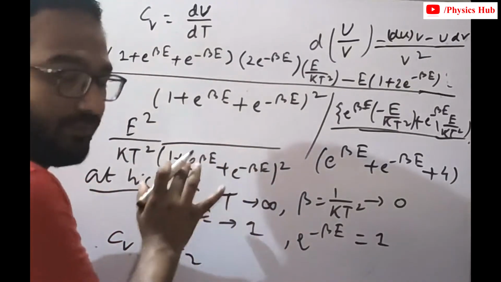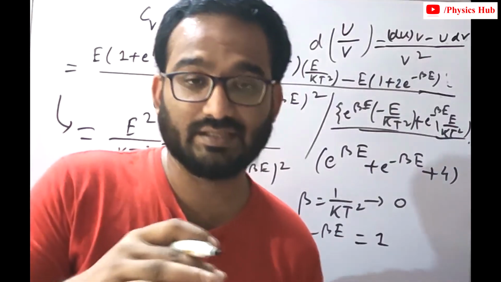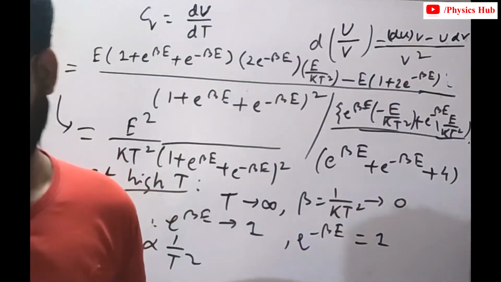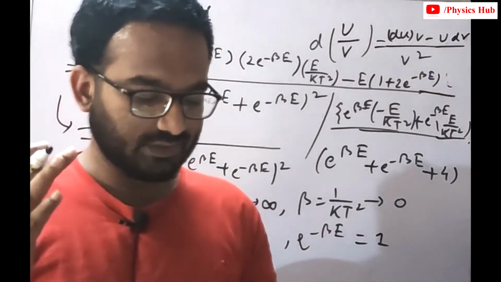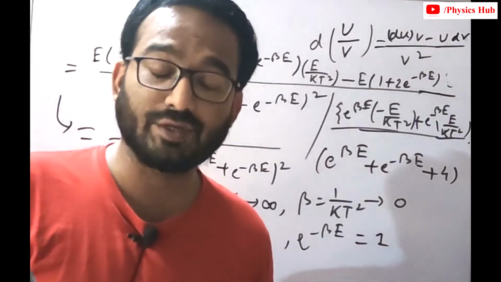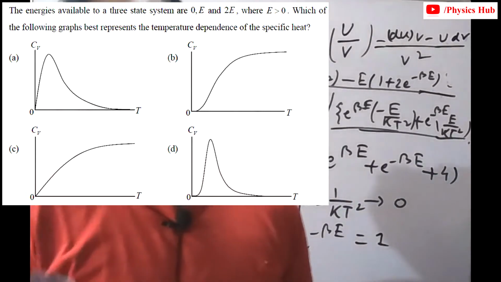Other things will remain constant. In options B and C, we see that at high temperature it is becoming constant, so these two options cannot be correct. So we are left with options A and D, and the hard part is that both options look very similar. So how can we extract the correct answer?